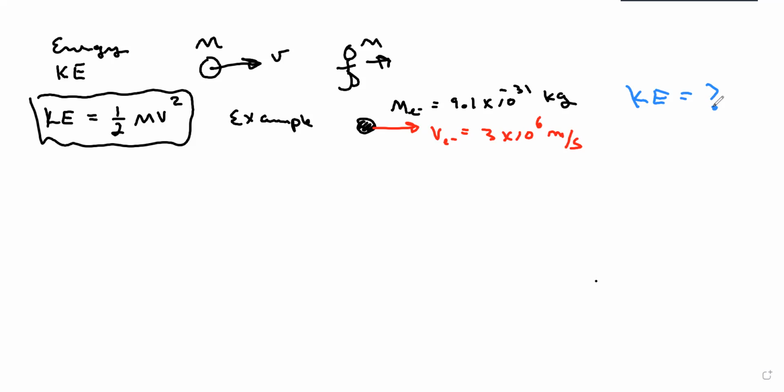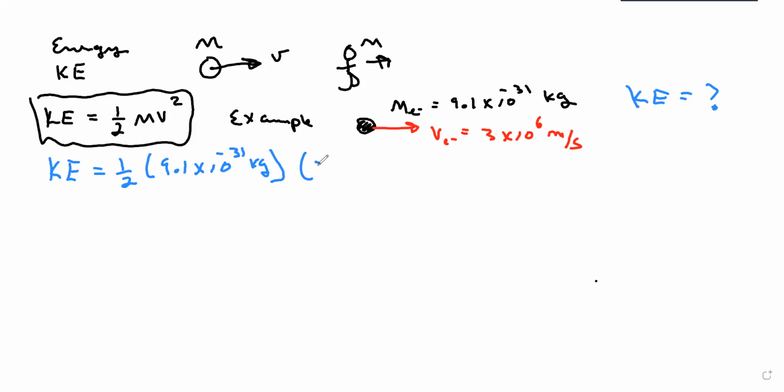Okay, here we go. So the kinetic energy is going to be equal to 1/2 of the mass. And the mass of this guy is going to be 9.1 times 10 to the minus 31 kilograms. That's how you measure mass. It's going to be in kilograms.